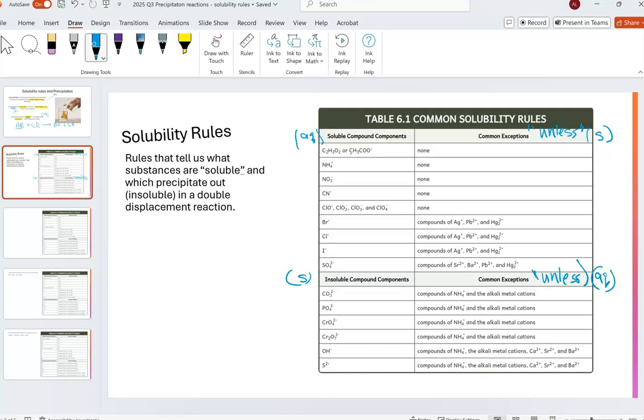For me, I like to say substances that are bonded to bromine are aqueous unless they are bonded to silver, lead 2, or mercury 1. Or I can come down here on this side and say substances that are bonded to phosphates will precipitate out unless the phosphate is bonded to ammonium or alkali metal cations. Alkali metal cations are found in group 1, except for hydrogen.